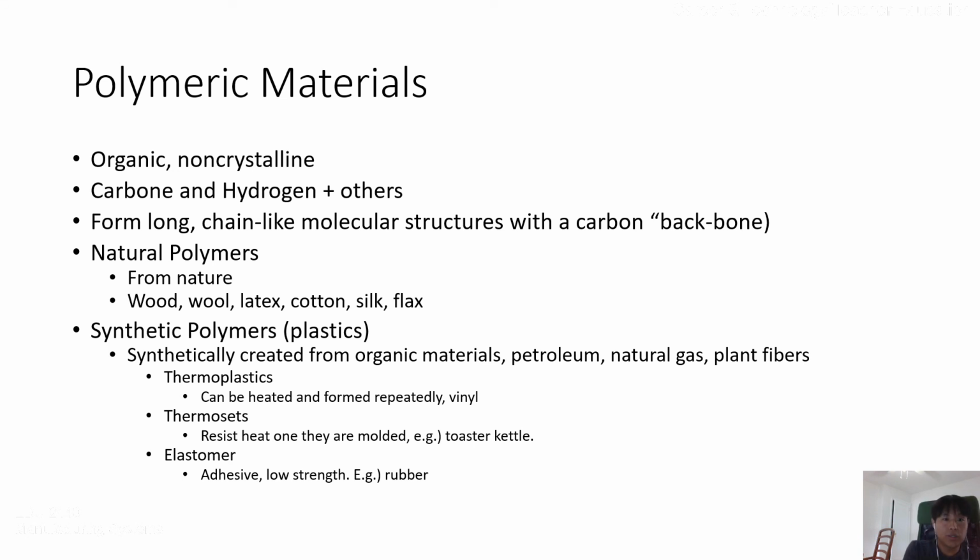So polymeric materials, which we call plastic. These are organic or non-crystalline. Carbon and hydrogen are their primary resources for polymers. Carbon tends to combine with hydrogen. This type of material we call CH4, methane.